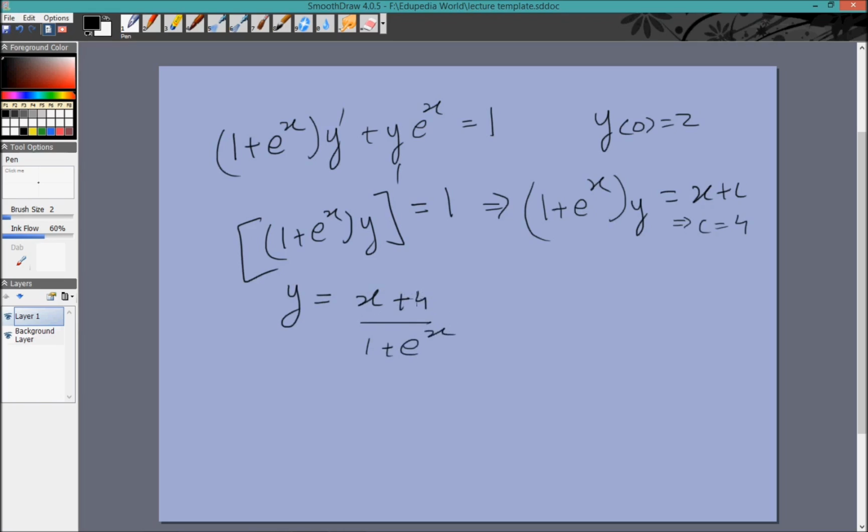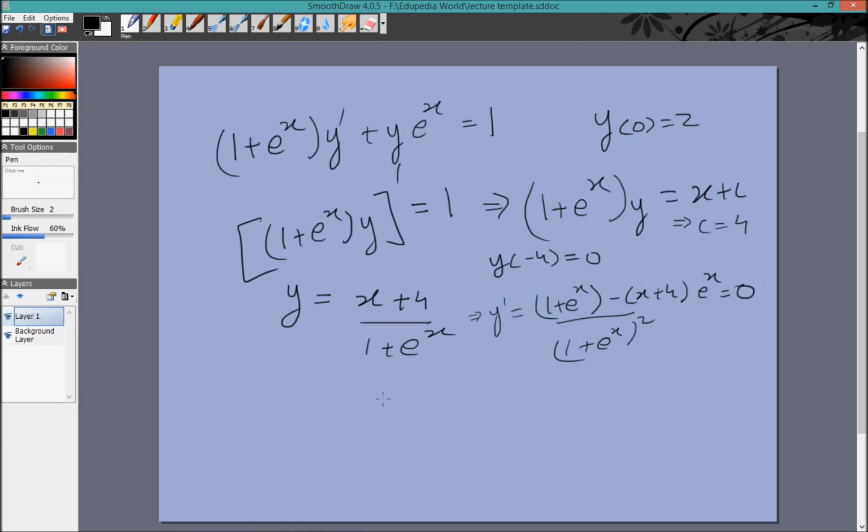So out of the first two options we can see that y of minus 4 is 0 whereas y of minus 2 is not. Then we are asked about the critical point, so we need to differentiate this. So the derivative of this will be 0. That means 1 plus e to the power x minus x plus 4 e to the power x is equal to 0.